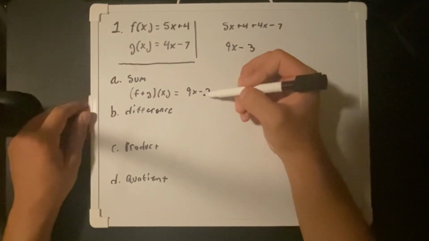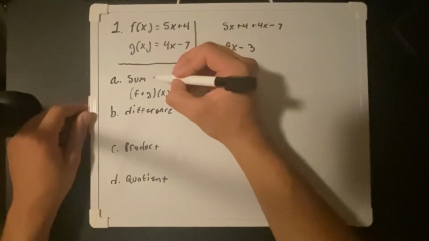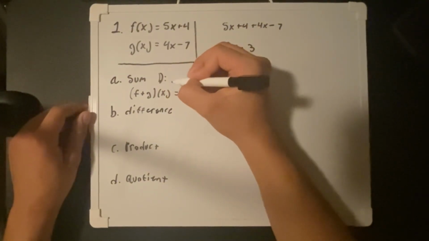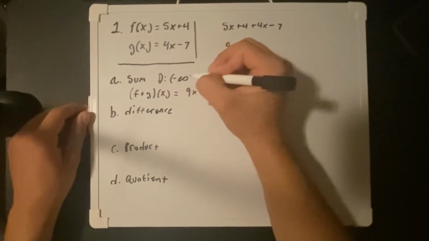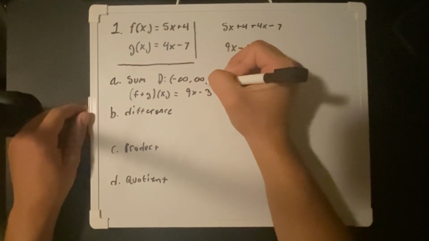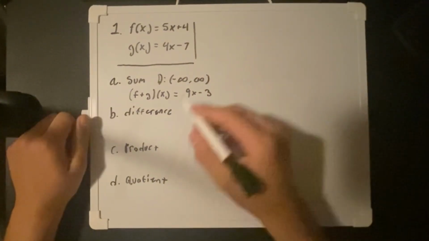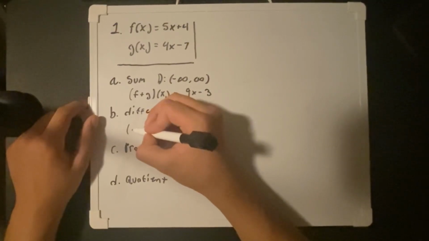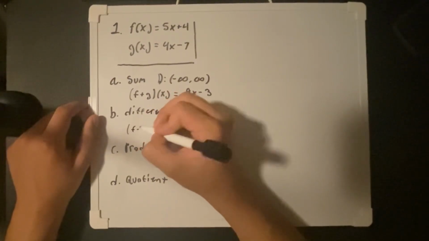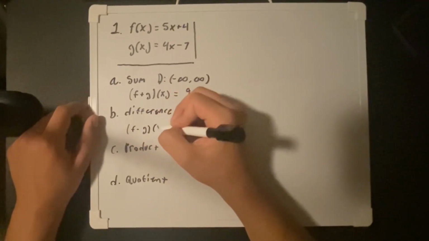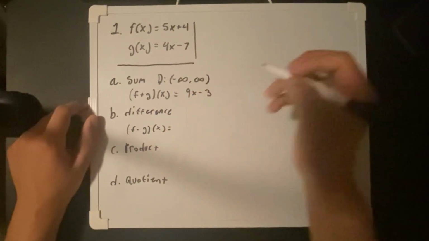Since our variable isn't included in a square root, the domain will be all real numbers, or negative infinity to infinity. Next up, we must solve for the difference. This is parentheses f minus g of x is equal to our answer.